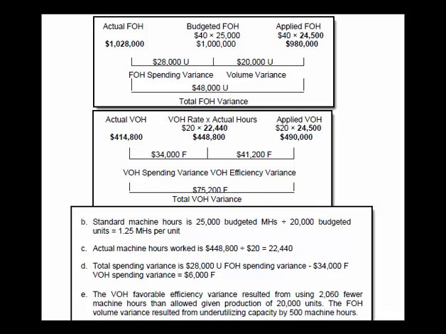Okay, the fixed overhead volume variance resulted from underutilized capacity by 500 machine hours, and that's what we would expect. If we had underutilized capacity, we would expect to see an unfavorable fixed overhead variance.